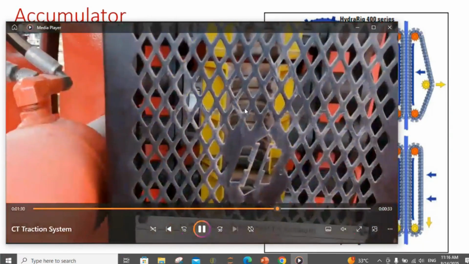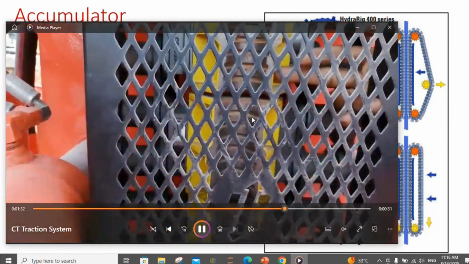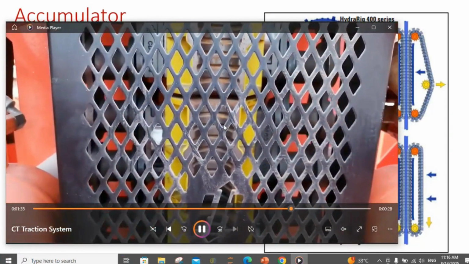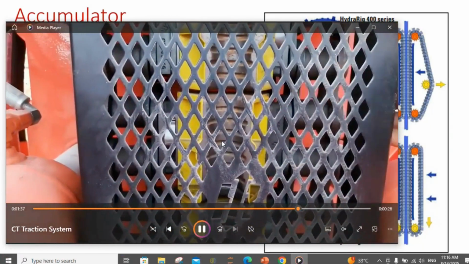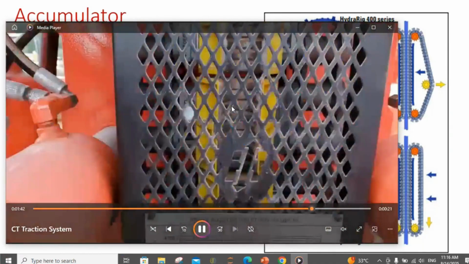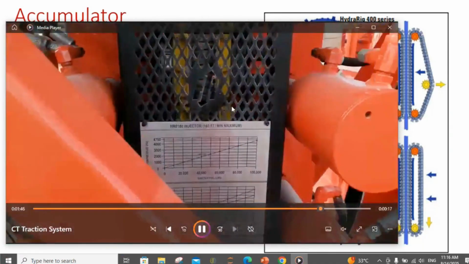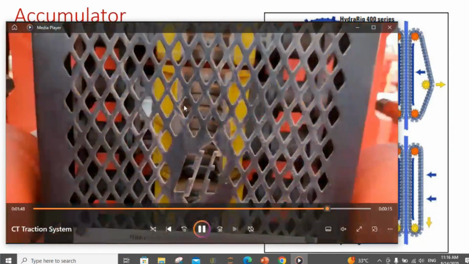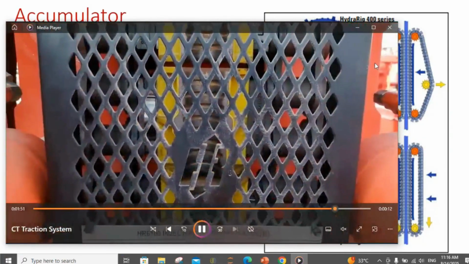This is the gripper block. The gripper blocks are the gripping elements attached to the chains so as not to bite or damage the coil tubing. The chains are connected to these gripper blocks to grip my pipe.